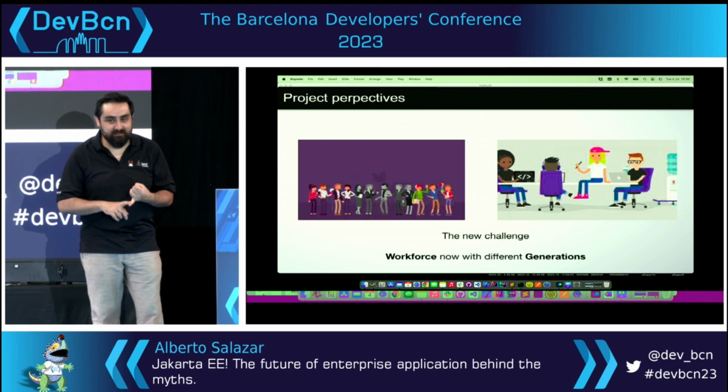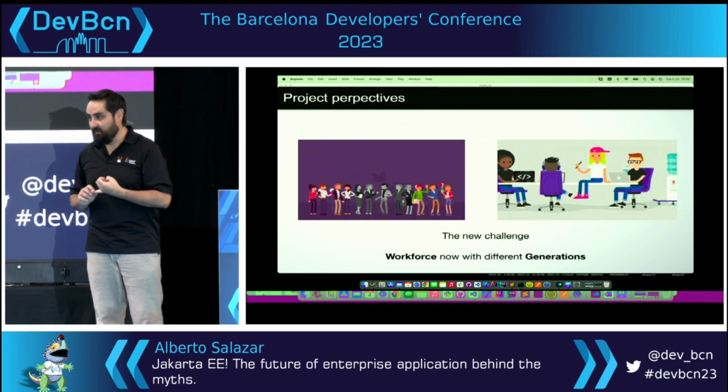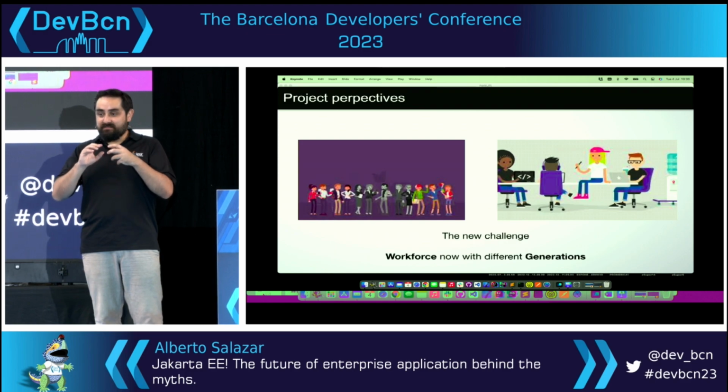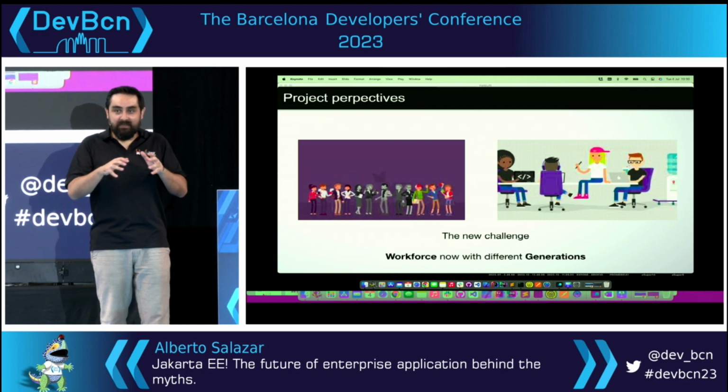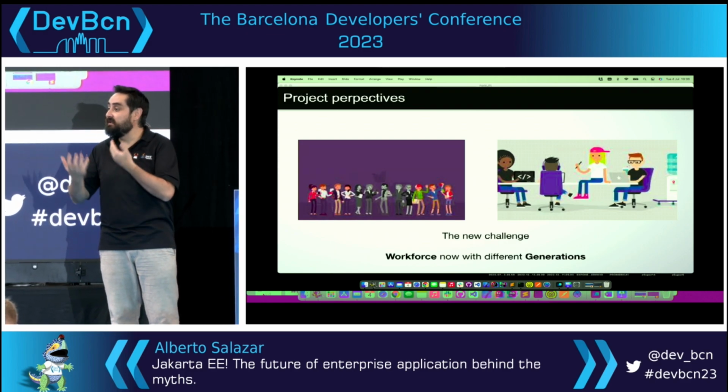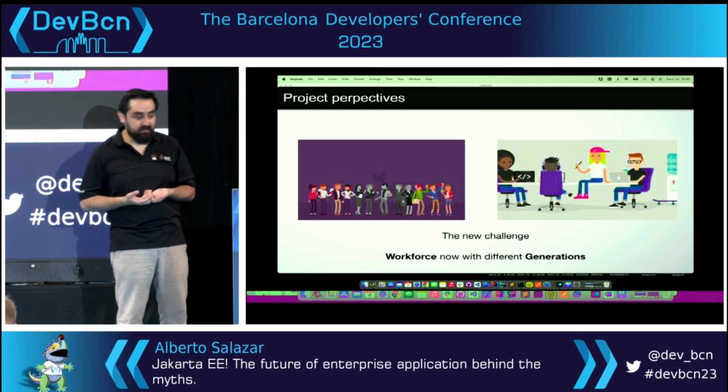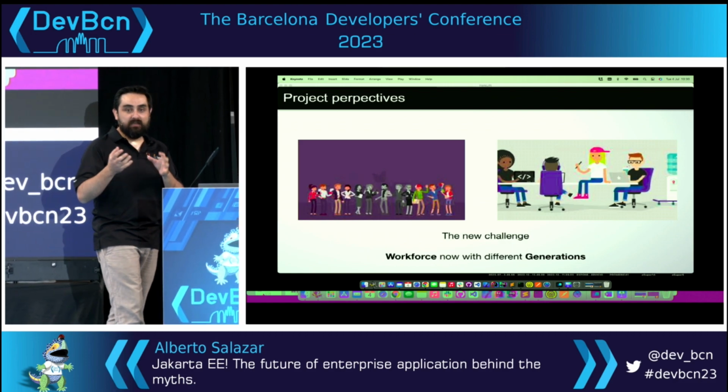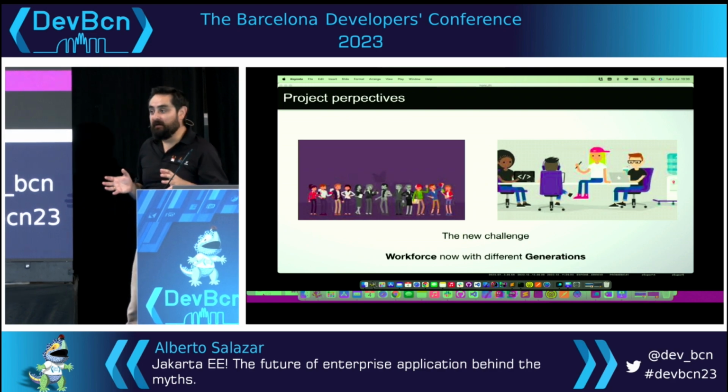It's really hard now to work with young people. And we must try to understand them and try to change how we embrace the project so we can give them a good onboarding.